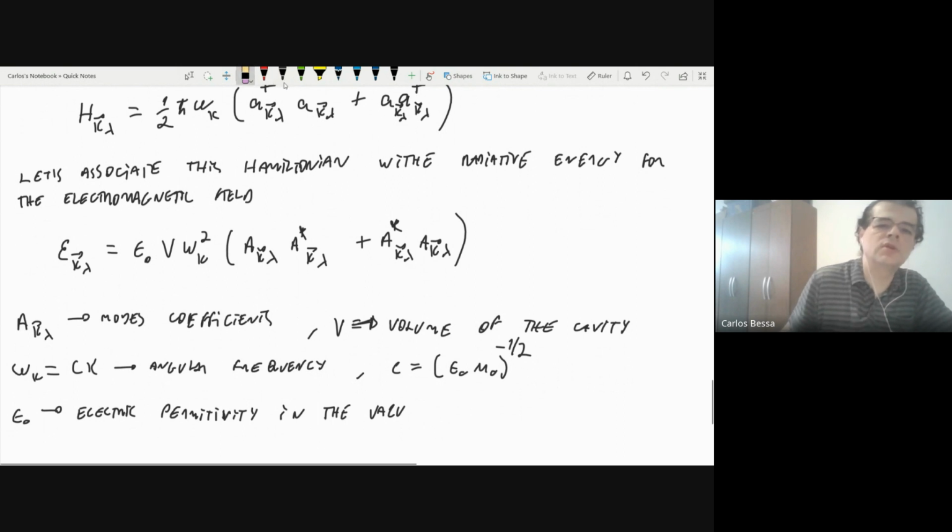Better call it the free space, right? Because we are in the vacuum that we have in the cavity, in the free space.